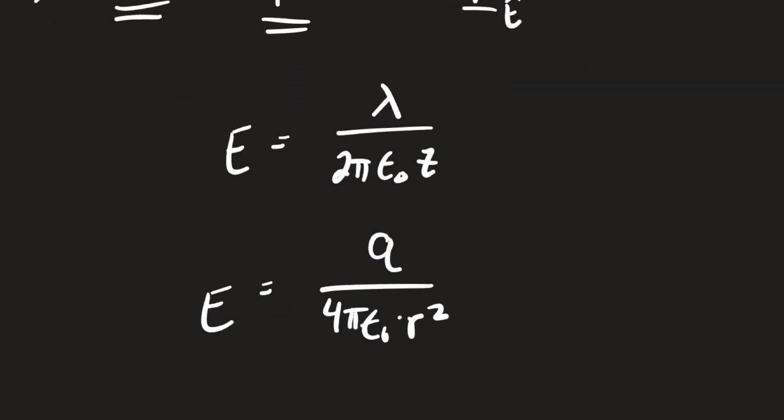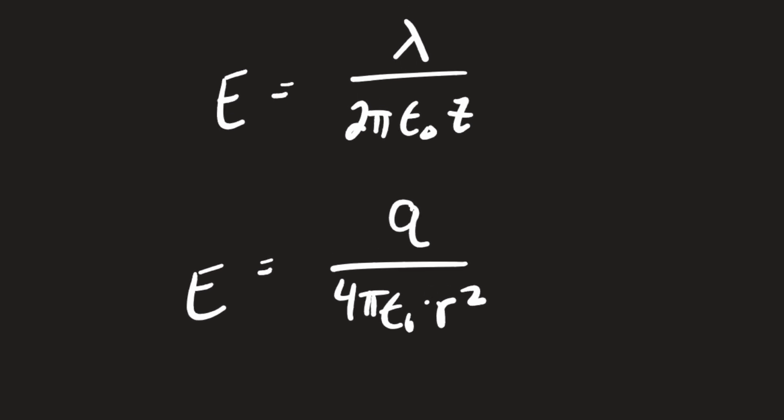So this gives us kind of a picture of two of our major structures, a point charge's electric field and our long line of charge's electric field. Now again, in reality it's not an infinite line. It's the electric field near a charged bar or a charged line when we're close to it.